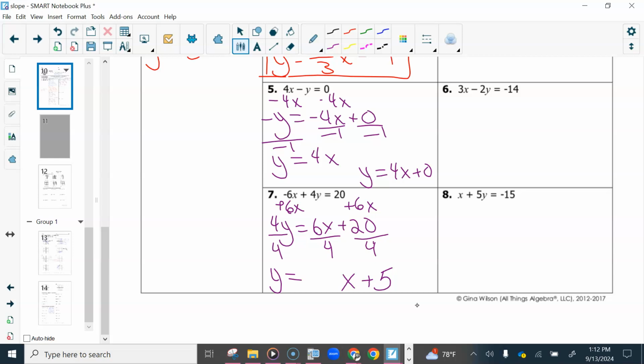The last one, yes, 20 divided by 4. What about 6 divided by 4? Three halves, yes, or 3 over 2.